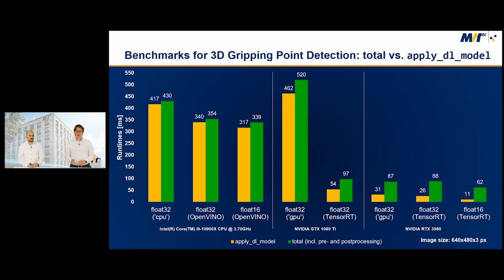And I want to highlight one thing. An accelerated CPU outperforms a lower end GPU, like the NVIDIA GTX 1080. But an accelerated 1080 way outperforms even an accelerated CPU. This is even more true for a higher end CPU. So for the next feature, I give back to Mario.